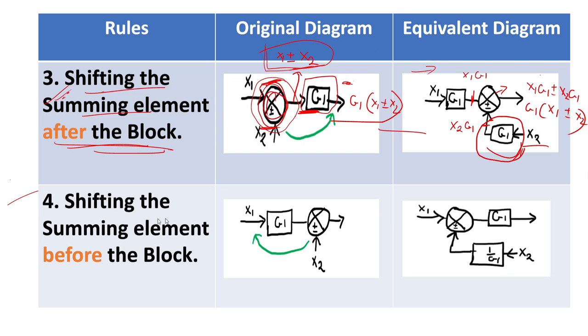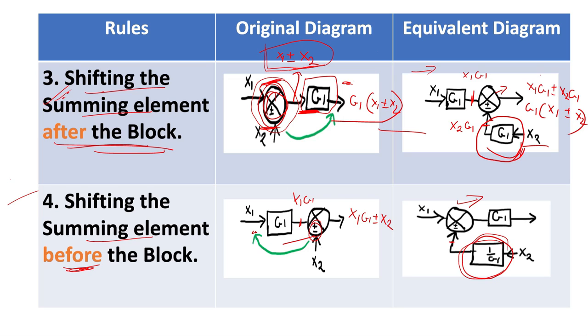Now the next case is if you have to shift this summing element before the block. Again, here we will add one additional block, but here it would be 1 upon G1. See, the output here is again x1 G1, and when these two are added or subtracted depending on the sign, then the output you will get is x1 G1 plus minus x2. And when this summing element is shifted here, you will get this. And now you have to add this additional block, which is 1 upon G1.